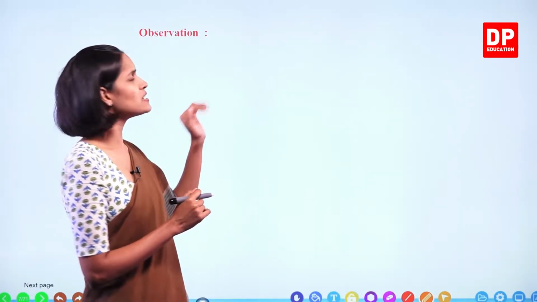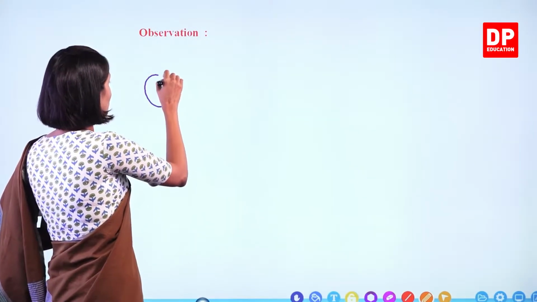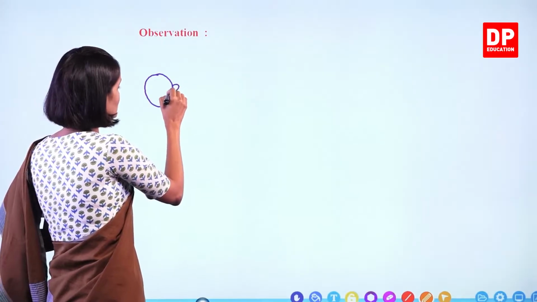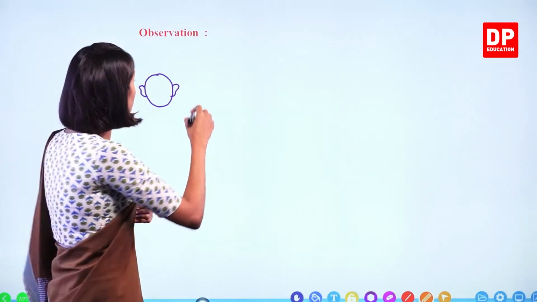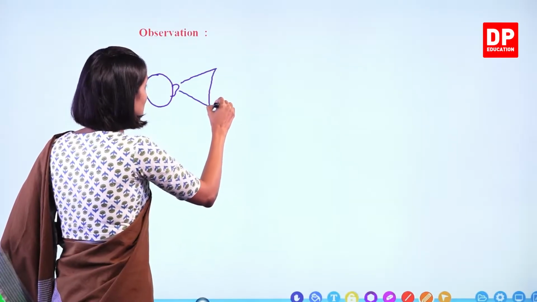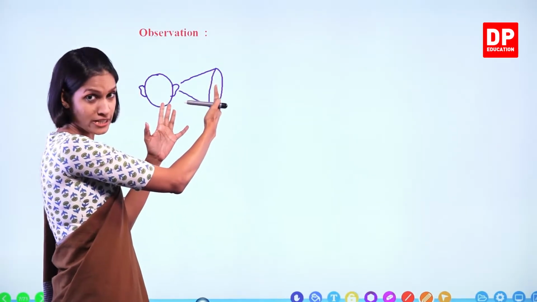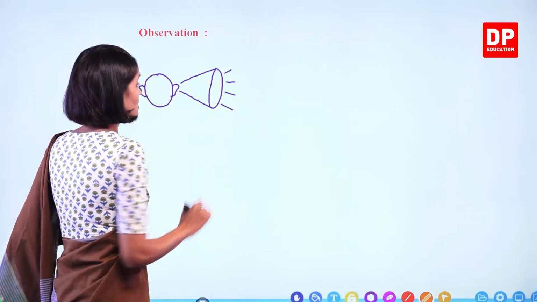Okay, so what is the reason for this, children? That is because now you all know that when you hear using your earlobes, you can direct a certain amount of sound to the inside of your ear, right? But when you use these two cones, what happens? Now you all can see this side is wide. It can collect more and more sound waves.